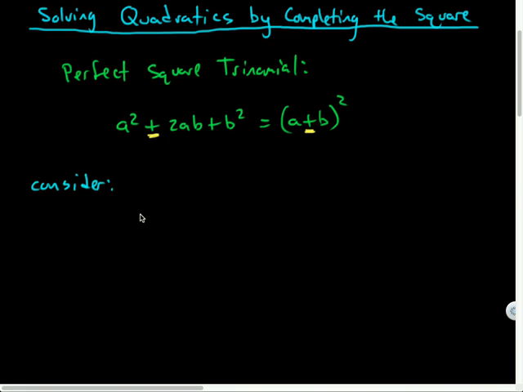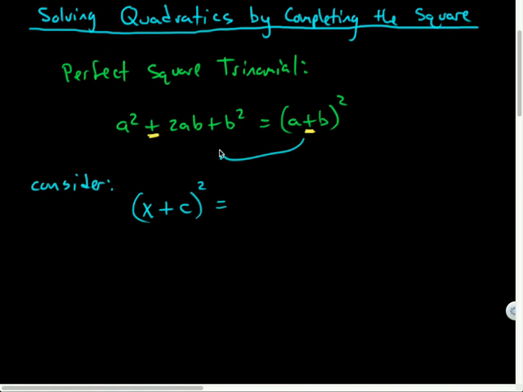This is going to be what we're doing. Let's actually expand something first. What would I have if I had x plus, I'll call this c, all squared? What would I get when I expanded that?